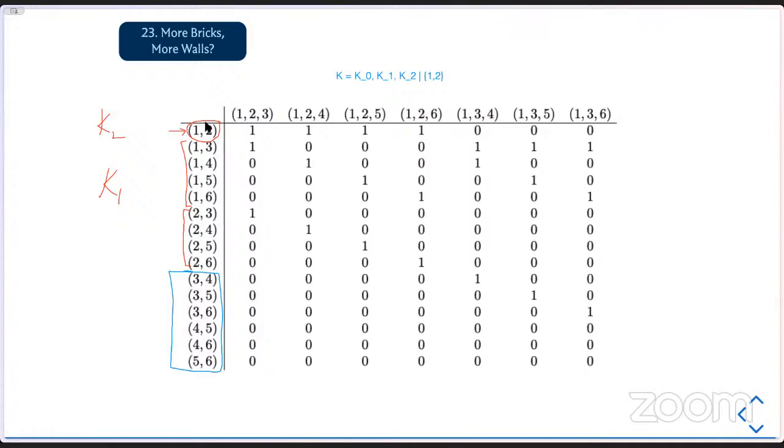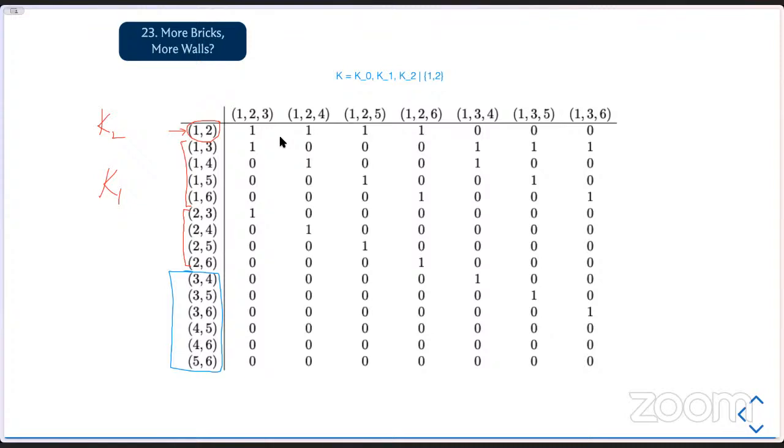We'll similarly have a partition on the L side. So 1, 2, 3, for instance, overlaps with 1, 2 at 2 elements. In fact, 1, 2, 4, 1, 2, 5, 1, 2, 6, they all overlap with K naught at 2 elements. So all of those go into L2. 1, 3, 4, 1, 3, 5, 1, 3, 6, and so on, overlap with 1, 2 at exactly one element, so they all go into L1.